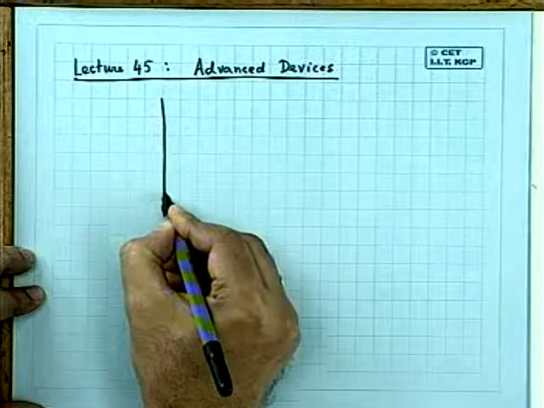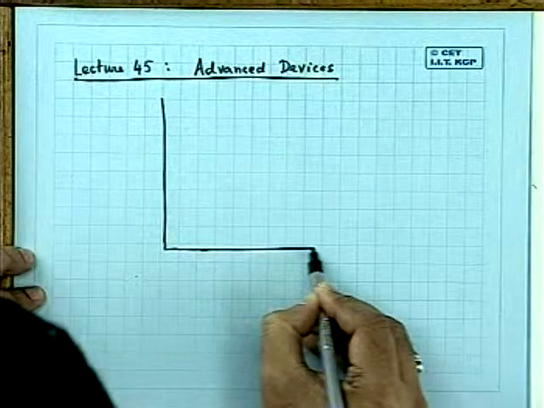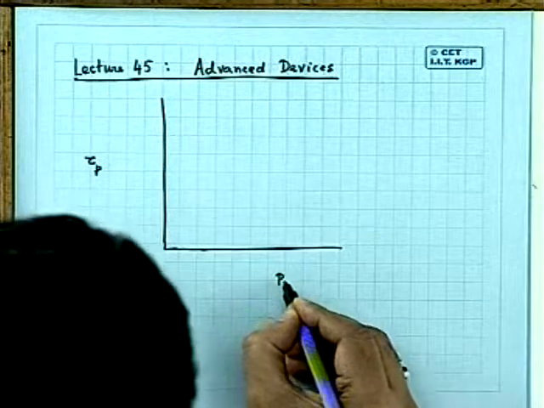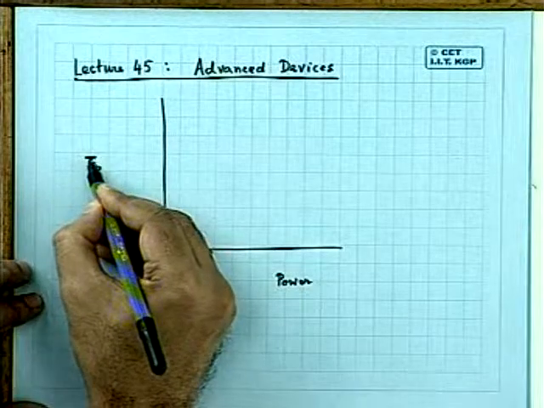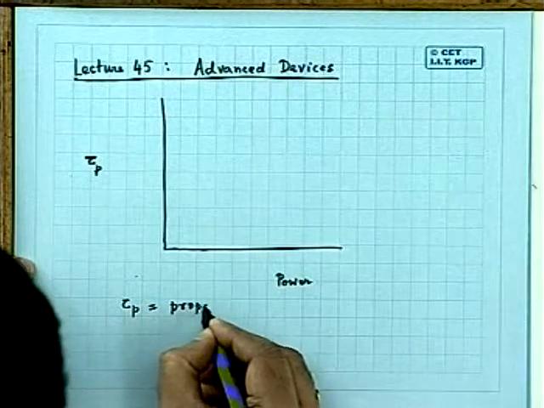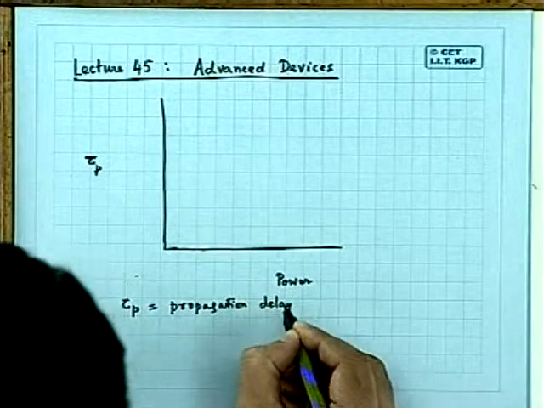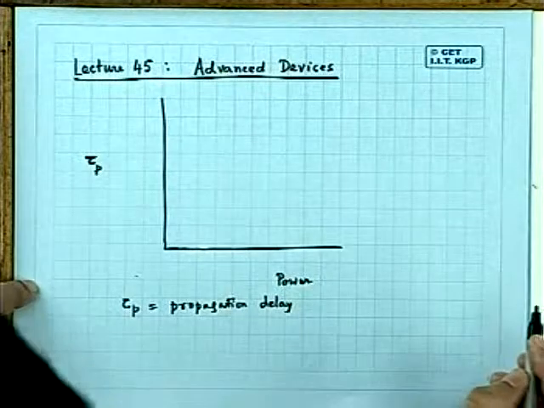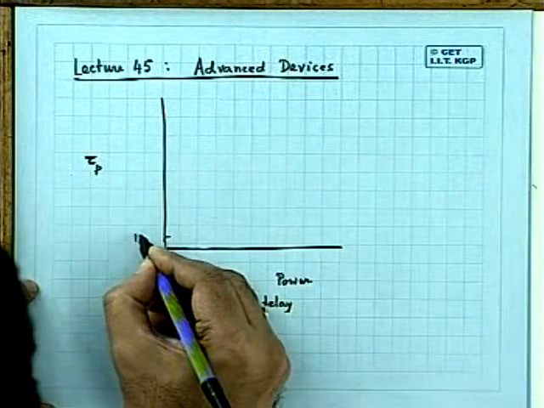Before we go to that, let me show you the diagram of propagation delay, which is a very popular plot. Propagation delay against power dissipation. Tau p is the propagation delay, and there is a power dissipation, for different advanced devices and circuits. The scale is like this.